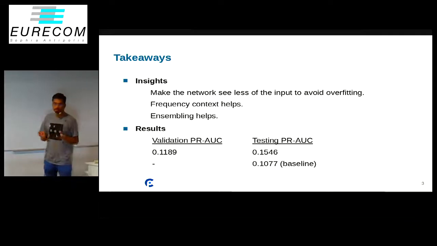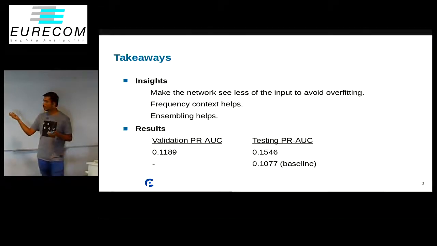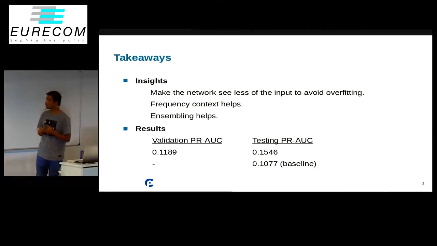we tried smaller networks and larger networks, and we see that for larger networks, if we restrict the receptive field that the network sees from the input, the performance improves, and we think it's because it avoids overfitting.